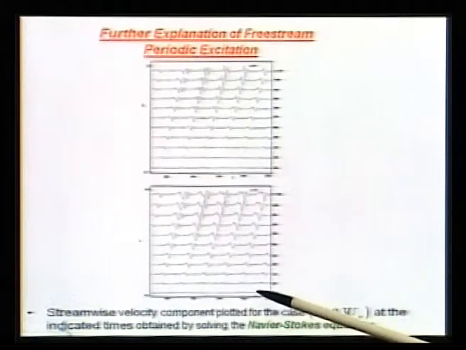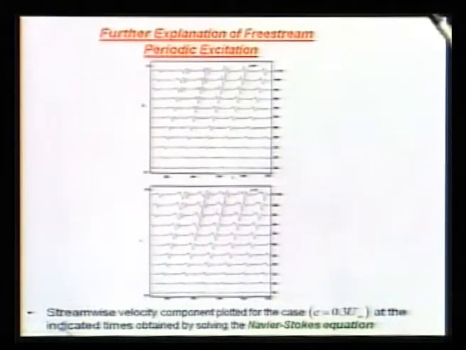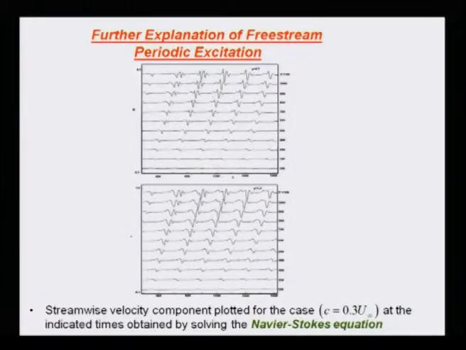As you can see, with time increasing, the amplitude is growing. So this is one nice example of the free stream excitation case, and you also notice the same phenomenon of dispersion. You are not going to see a single peak.